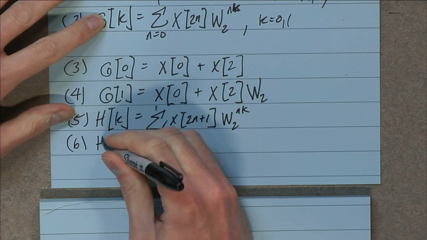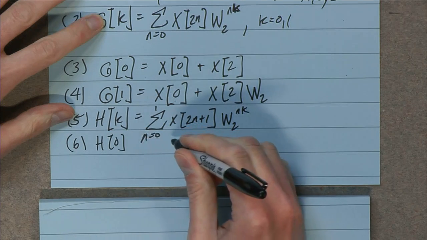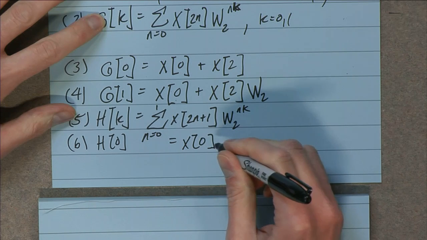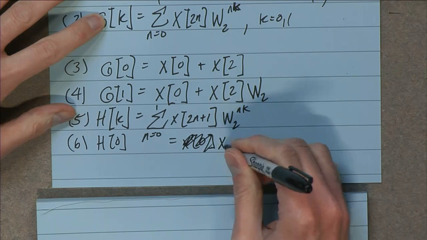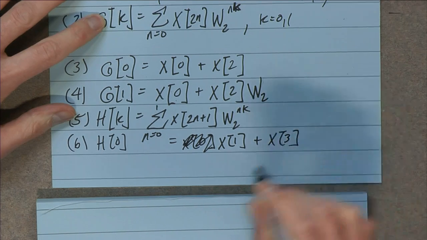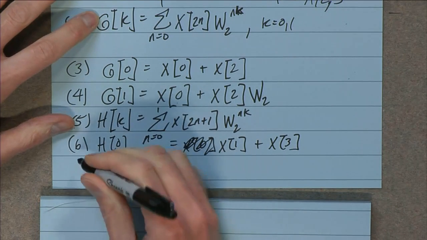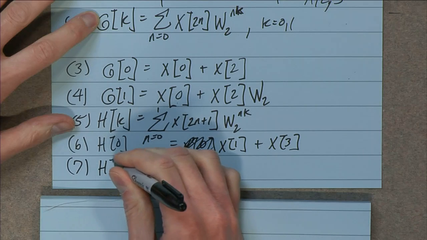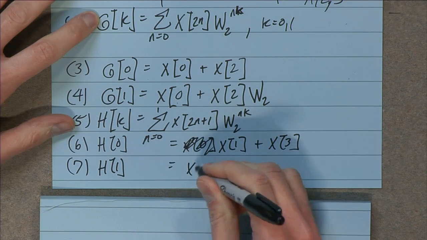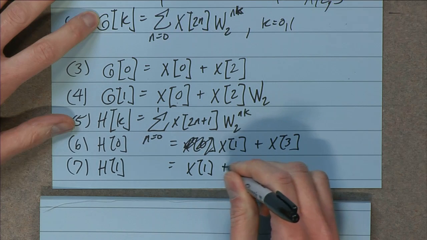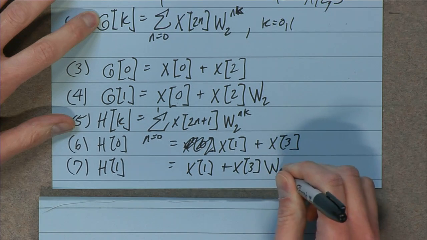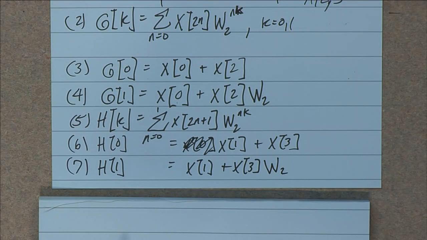We can put H of 0, and that's going to be just the sum of the odd samples, so x1 plus x3, just like we had for G. And H of 1 is going to be x1 plus x3 times W2 again.